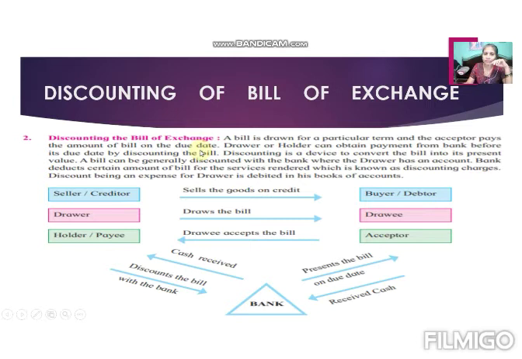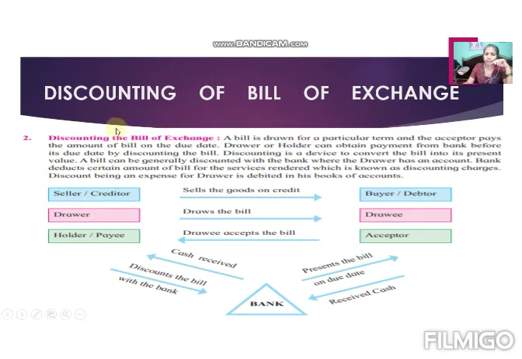Then from 5,000 the bank cuts 200 and hands over only 4,800 to the drawer. So this 200 is an expense for the drawer, and the 4,800 is debited in his bank and the discount charges are debited.